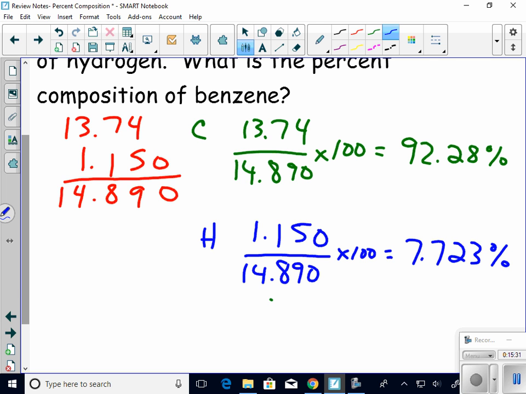When I add those two values together, I get 100.003. I say that's close enough that I got that one right. Now let me check. Are we okay with this one?